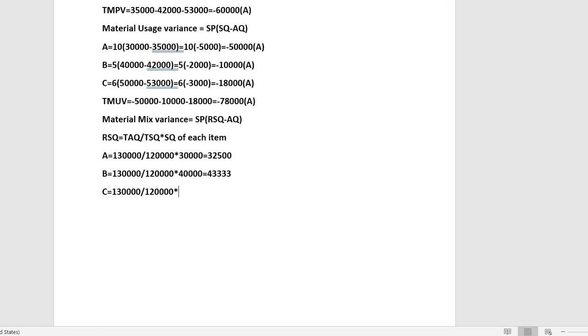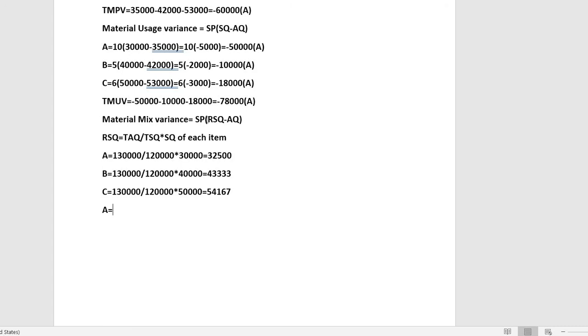The total standard quantity also remains same, 1,20,000 into standard quantity of material C is 50,000. The final answer will be 54,167.